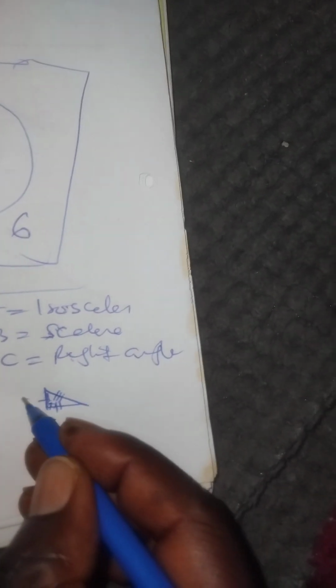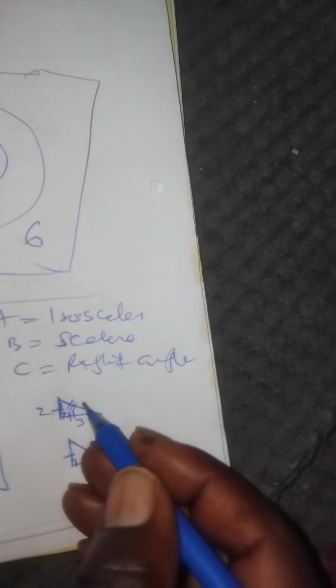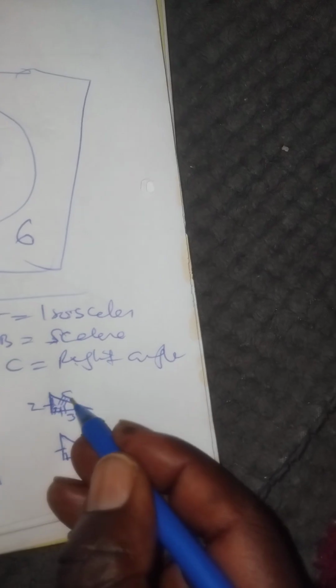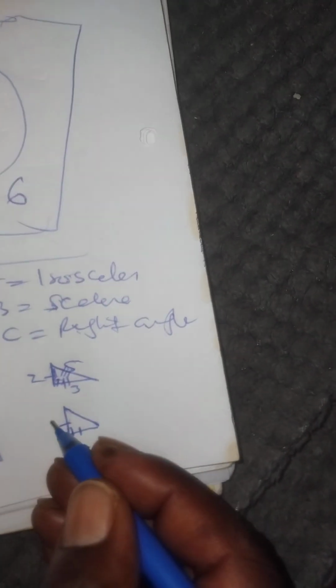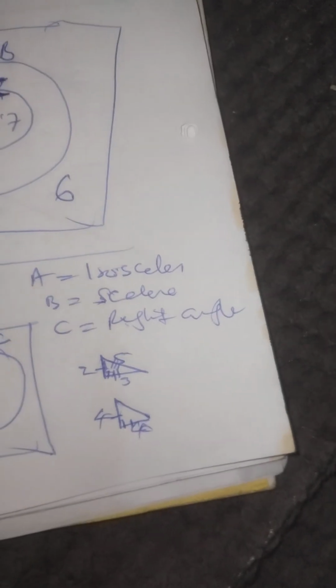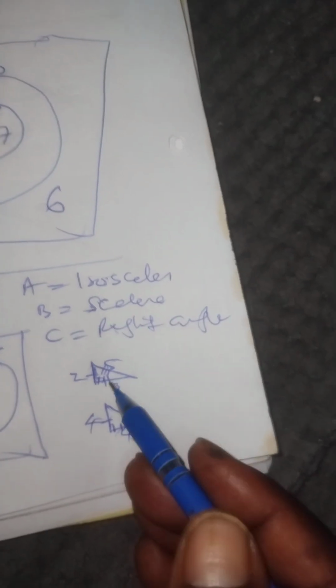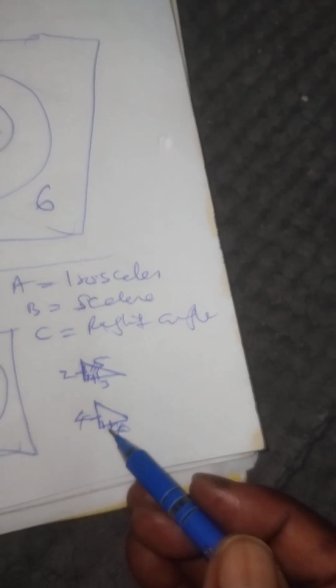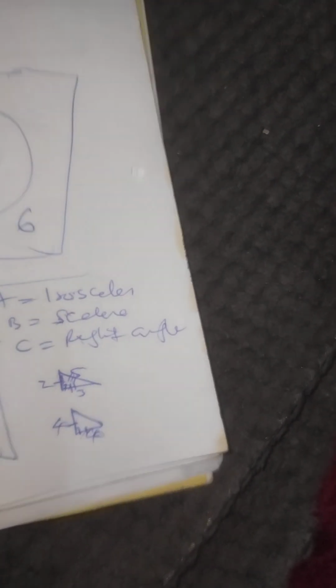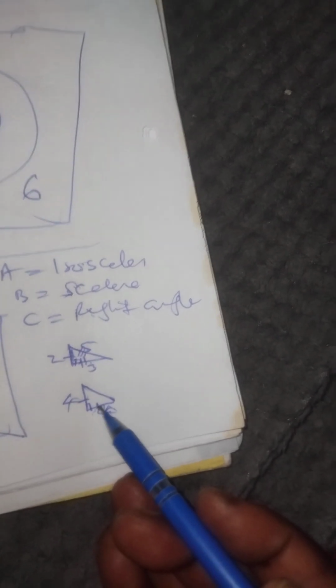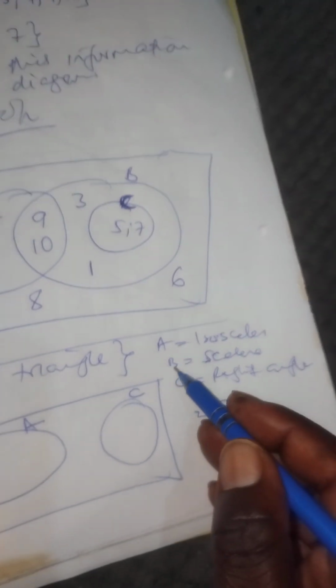For example, this is 2, this is 3, this is 5, and this is something else. But they are both right angle triangles. One of them is scalene, one of them is isosceles.